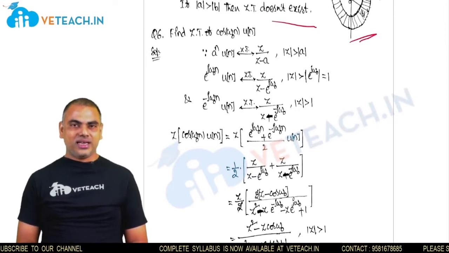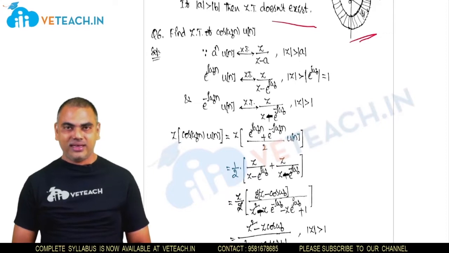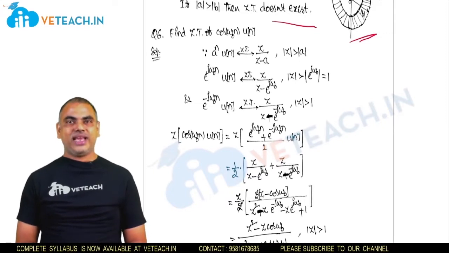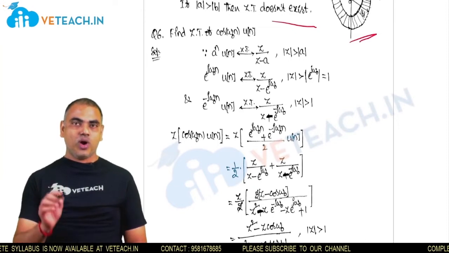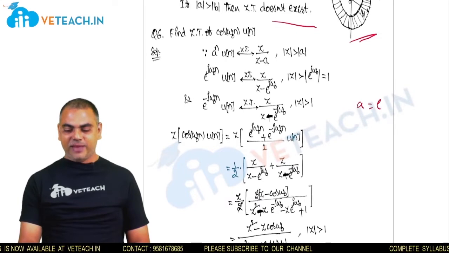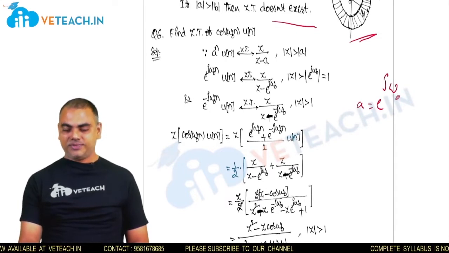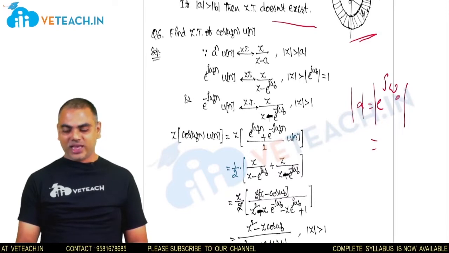Now in this case also let us use the standard formula. a power n u of n Z transform is z by z minus a with ROC mod z greater than mod a. Using that, here a is nothing but e power j omega naught. Then mod a means mod of e power j omega naught, which value is 1.